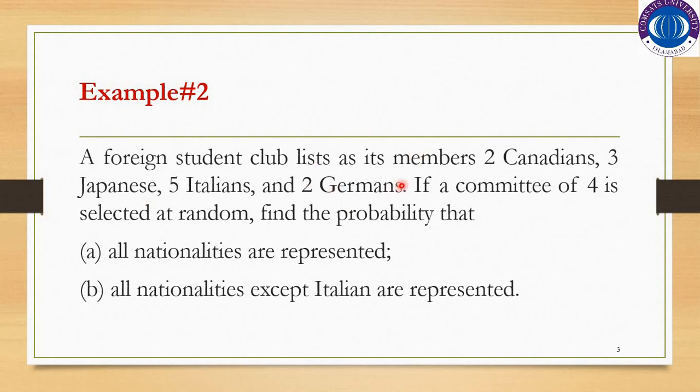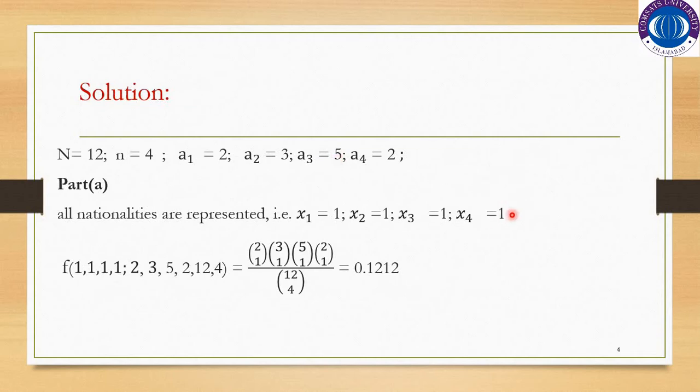So we are associating the random variable with each category: x1 with Canadian, x2 with Japanese, x3 with Italian and x4 with German. So all the nationalities are going to be represented. So it is obvious that x1 would be equal to 1, x2 would be equal to 1, and x3 will also be equal to 1, and x4 will also be equal to 1.